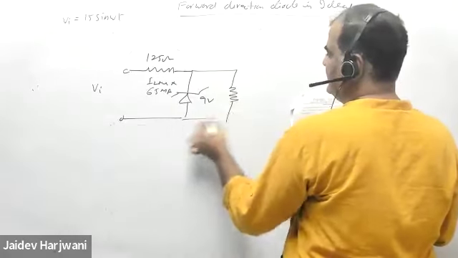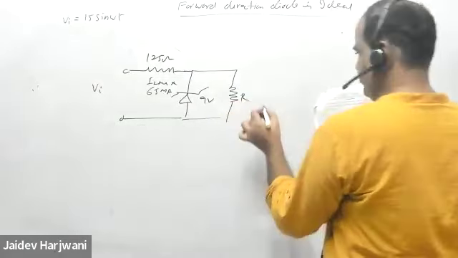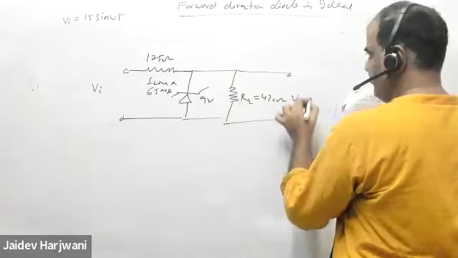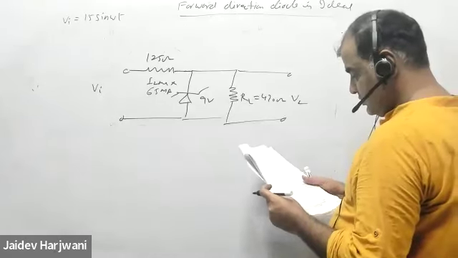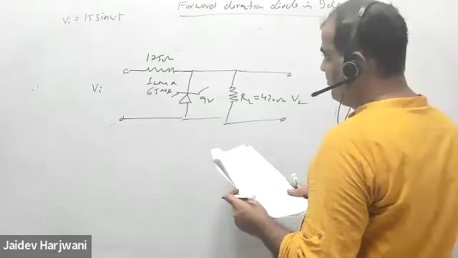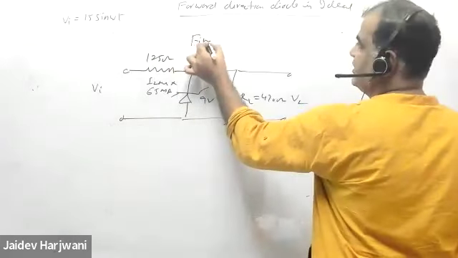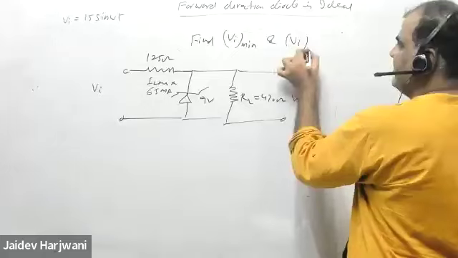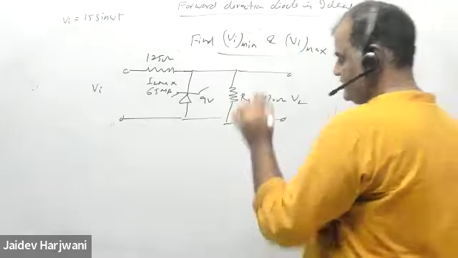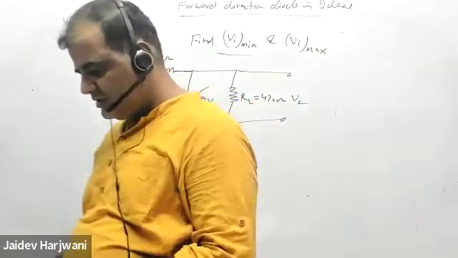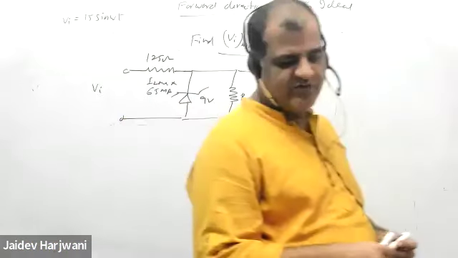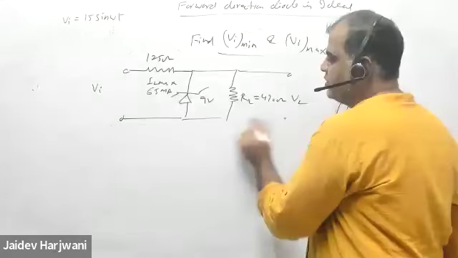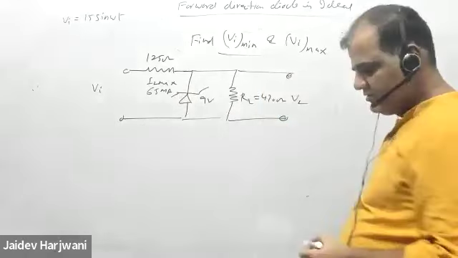RL value is 470 ohm, and this is your VL. Find the V input minimum and V input max values for this circuit, which will keep this diode on in the circuit. Find the values and tell me the answer.